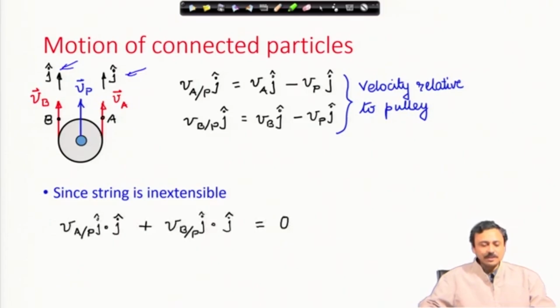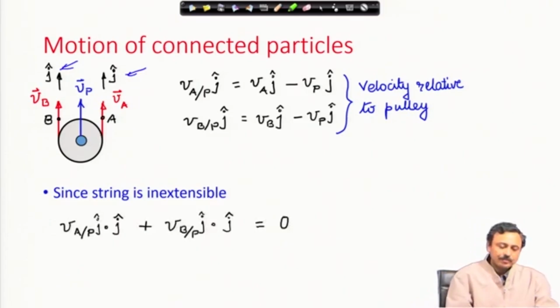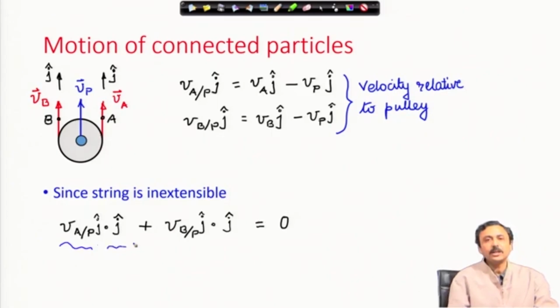So, the component of this relative velocity in the direction of motion of A plus the projection of this relative velocity in the direction of motion of B must sum up to 0.